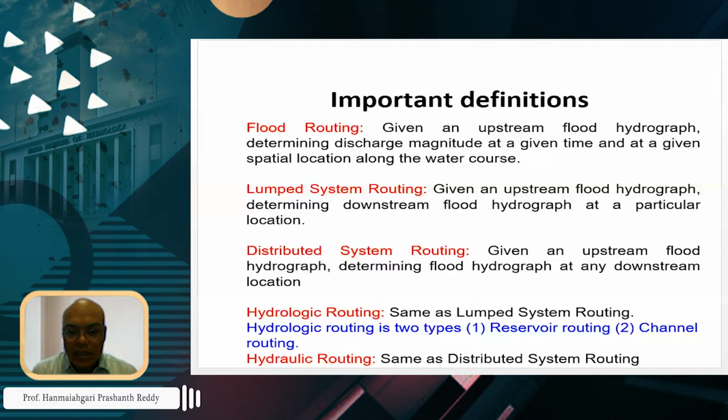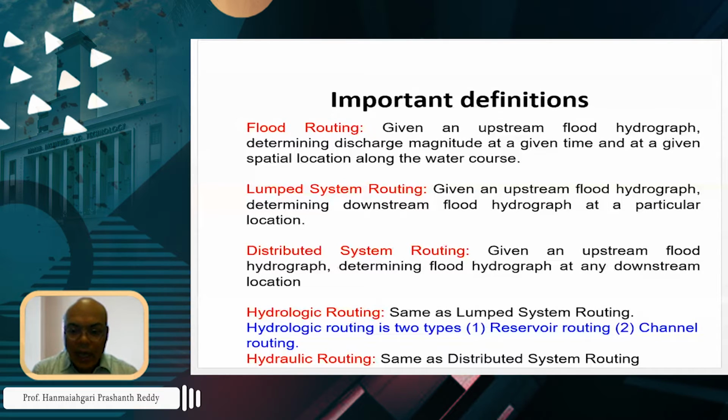So the next type of routing is distributed system routing. In distributed system routing, given an upstream flood hydrograph, we will determine the flood hydrograph at any downstream location. Okay, so you know what a flood hydrograph is. A flood hydrograph is a plot of discharge versus time.